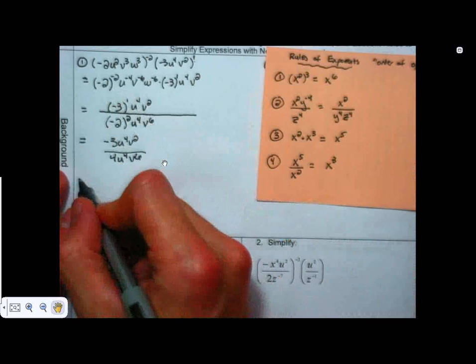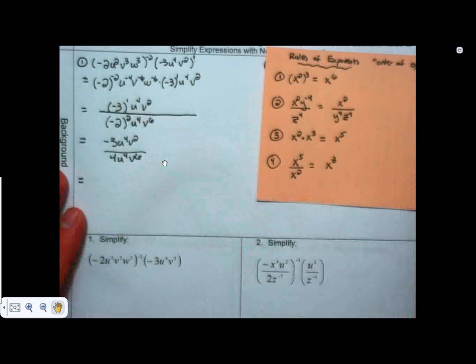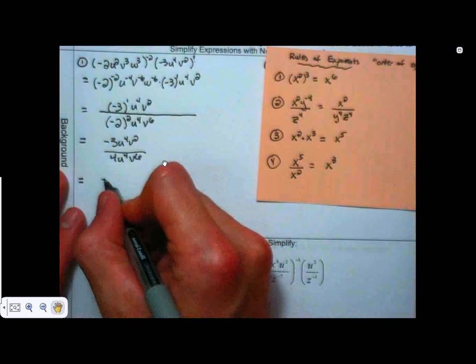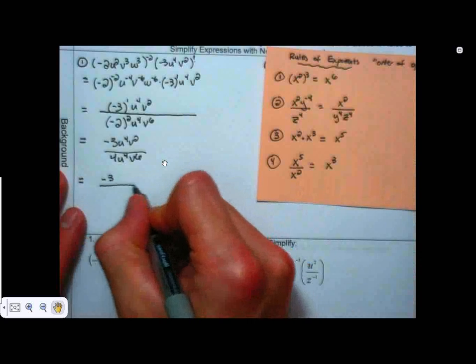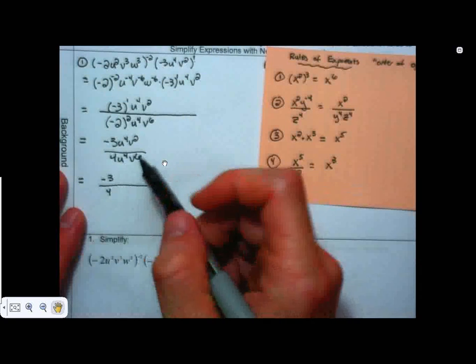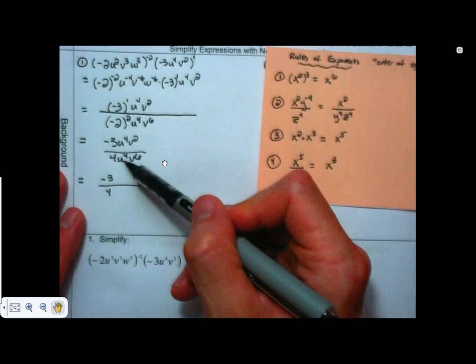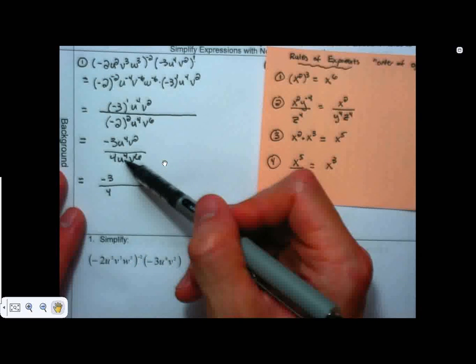Okay, and then the last rule is if I'm dividing by like bases, then I'm subtracting the exponents. So I'm going to copy down the -3 and the 4. And then if I have u to the 4th over u to the 4th, those are going to cancel out and just become 1.